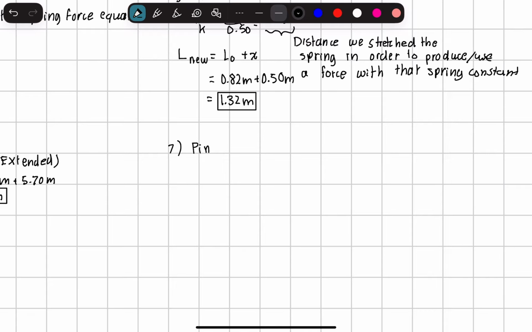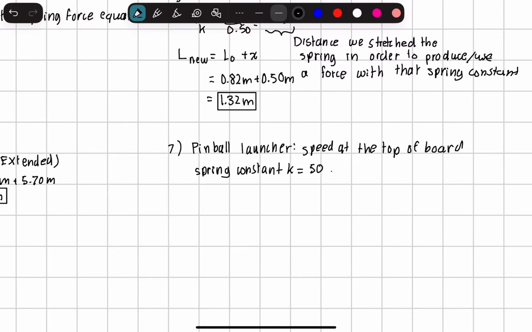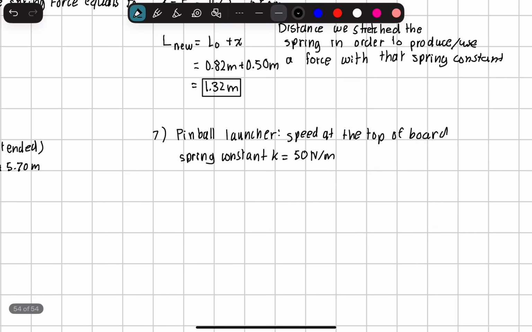What we are looking for, we're just solving for the pinball launcher, and it's the speed at the top of the board. So the spring constant k is going to equal 50 newtons over meters. Also, we know that the compression x is going to equal 20 centimeters, and you just quickly convert this, 100 centimeters per meter, that's going to be 0.20 meters.